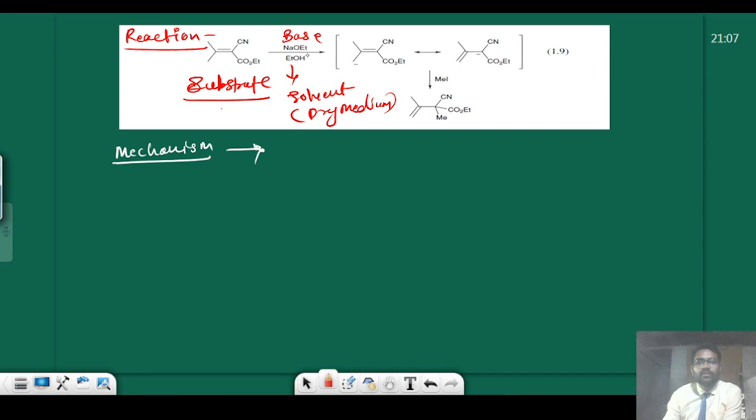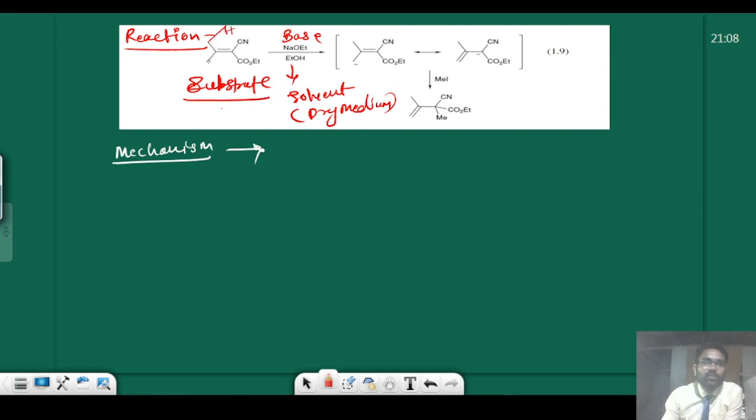So in the presence of dry solvent, this reaction is taking place over here. Our system is naked in nature, a highly unstable and strong base. Sodium methoxide is a strong base. So what exactly happens here is that there are two types of protons, acidic protons.